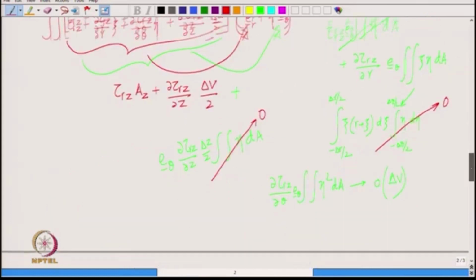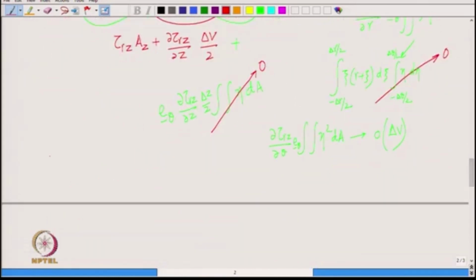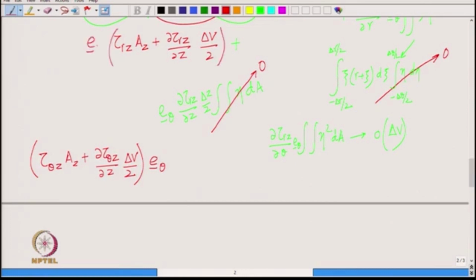So, the last one simply gives us tau theta z A z plus del tau theta z over del z into delta v by 2, and this has to be multiplied with E theta, correct, whereas this has to be multiplied with E r.